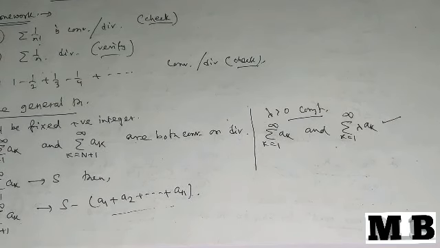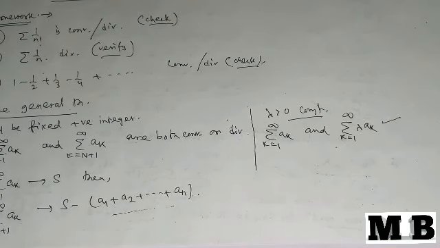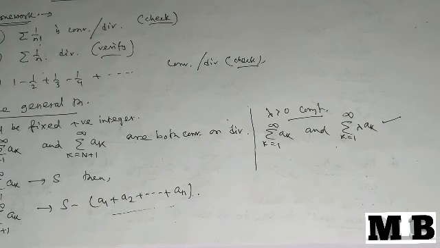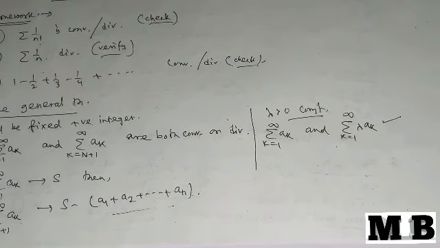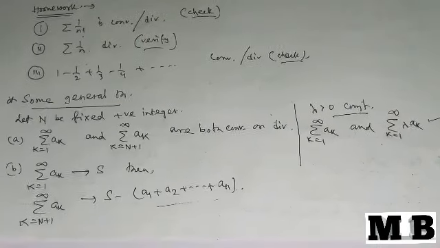That is, if the first series converges, then the second one also converges, and if the first one diverges, then the second one also diverges. In a generalized statement, multiplying each term of a series by a non-zero constant doesn't affect the behavior of the series. So these are some general theorems.